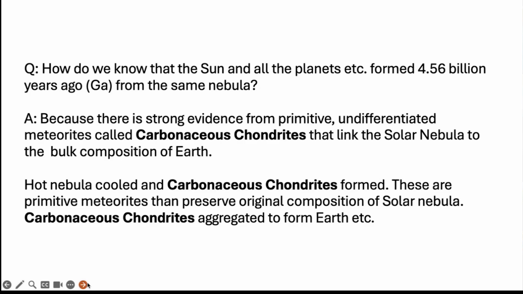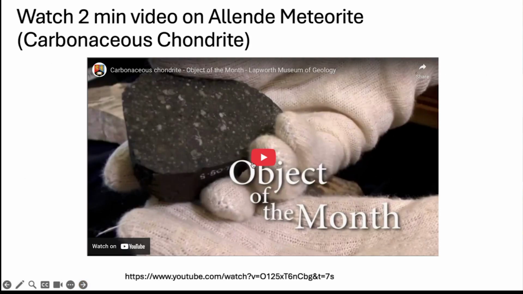And these are called primitive meteorites, and they are thought to preserve the original composition of the solar nebula, excluding, of course, the gases, hydrogen, helium, and some other gases. But it is thought that something like carbonaceous chondrites aggregated to form the Earth and the other planets. And we can date them and get the age of the solar system. So let's watch a video.